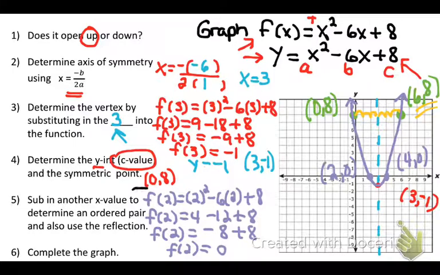I chose to sub in 2, so I ended up with f of 2 equals 0 or y equals 0. So I have the ordered pair 2, 0. It's one space from the axis of symmetry, so I go 1 over, which gives me 4, 0, and then I connected my points. And we know our minimum value is going to be negative 1. It's the lowest point on this graph.